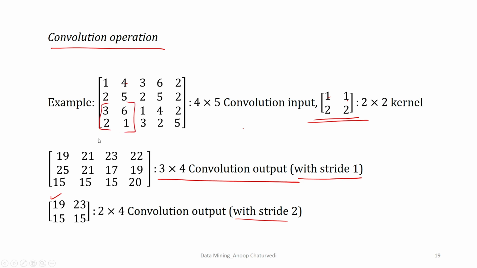So, we come to this point, we perform the convolution 3 into 1 plus 6 into 1 plus 2 into 2 plus 1 into 2, we get 15, and then we leave this, we come to here, and then we get 15. So, you get 2 by 4 convolution output with stride 2.